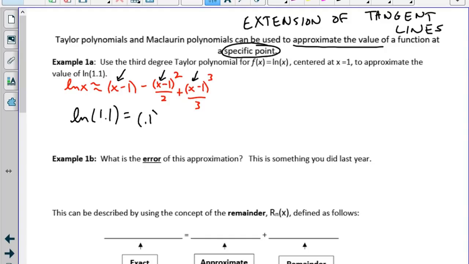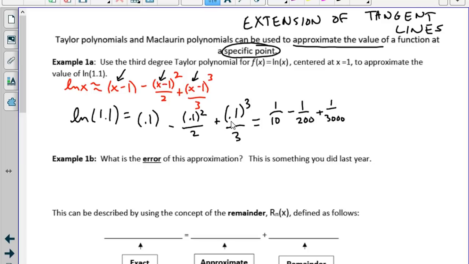So I end up with 0.1 minus 0.1 squared over 2 plus 0.1 cubed over 3. And that ends up equaling 1/10 minus 1/200th plus 1/3000th, which is equal to 143 over 1500.